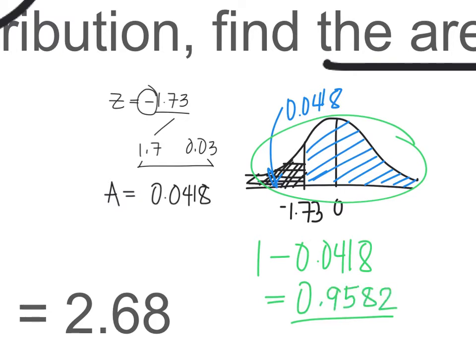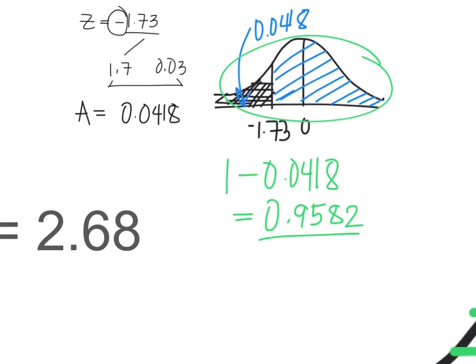This area later on will be translated into a probability, and the probability is 0.9582, or in percent, it's 95.82%.